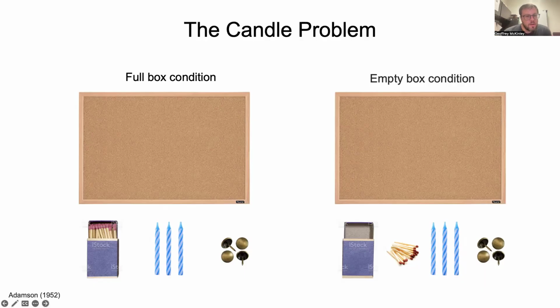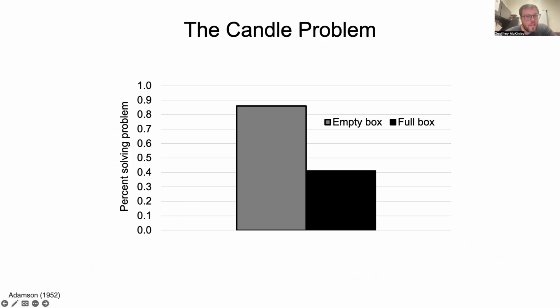By doing this, participants were much more likely to see the box as part of the solution, and therefore they were more likely to solve this problem in the empty box condition. The reason this worked is because it changed how people represented the problem from the outset.